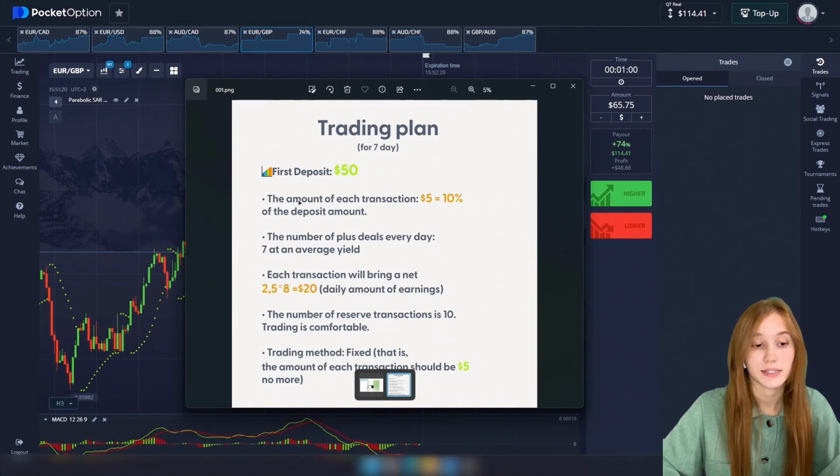So I repeat, this depends on your initial deposit. If you want to understand more, the first deposit amount should not be $50, it should be in bigger amounts, and by that you'll increase your balance.